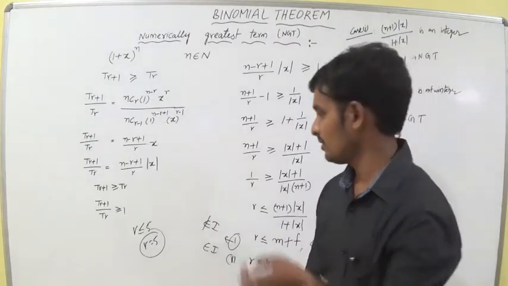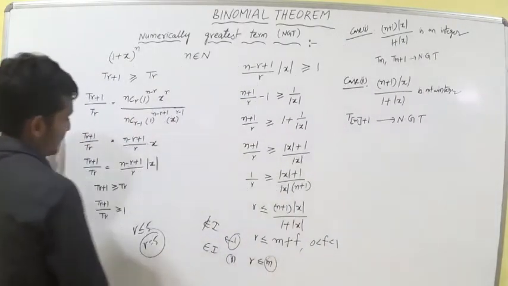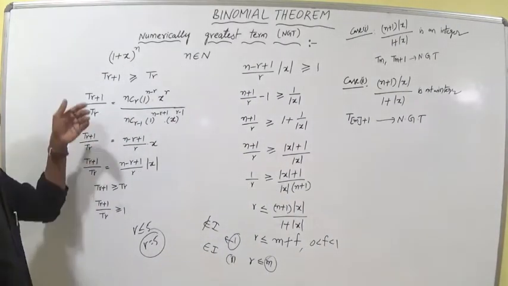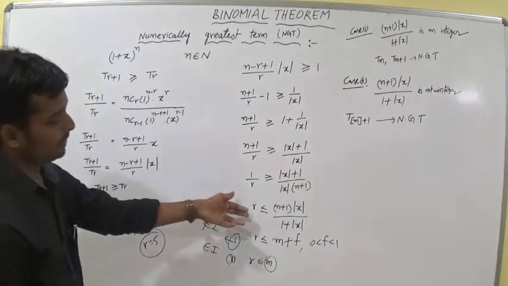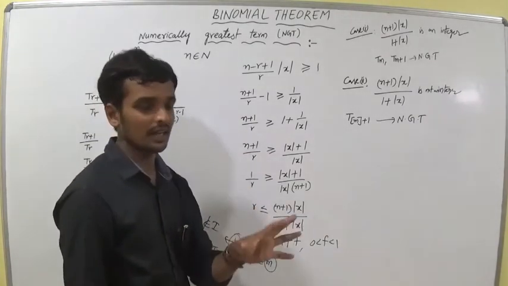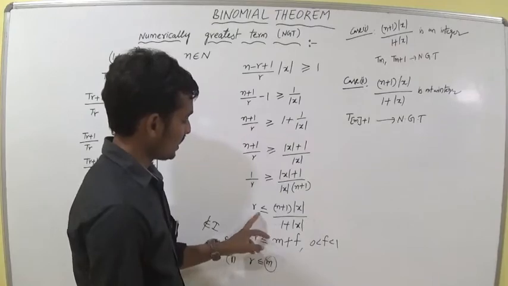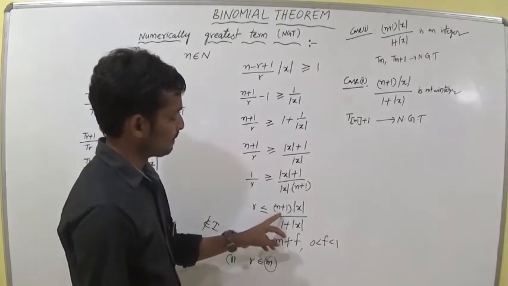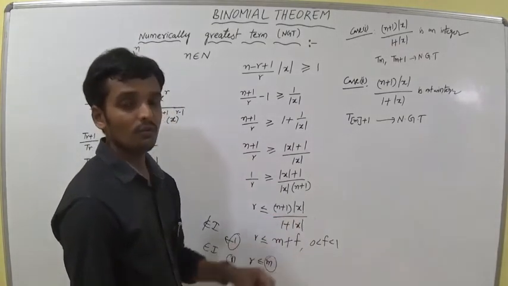I think nothing is tough. Be careful on my process. Coming to here, r is less than or equal to (n plus 1) mod x by (1 plus mod x).